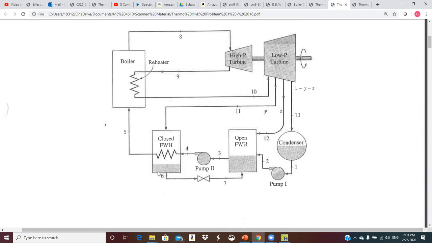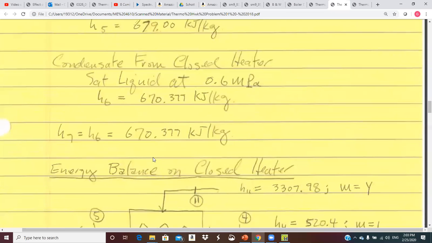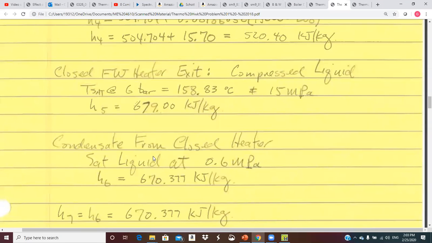Whatever that saturation temperature is, we'll assume we got this feed water up to that temperature. In reality, it wouldn't be quite that high. So that's compressed liquid. I got an enthalpy of about 679 out of that.